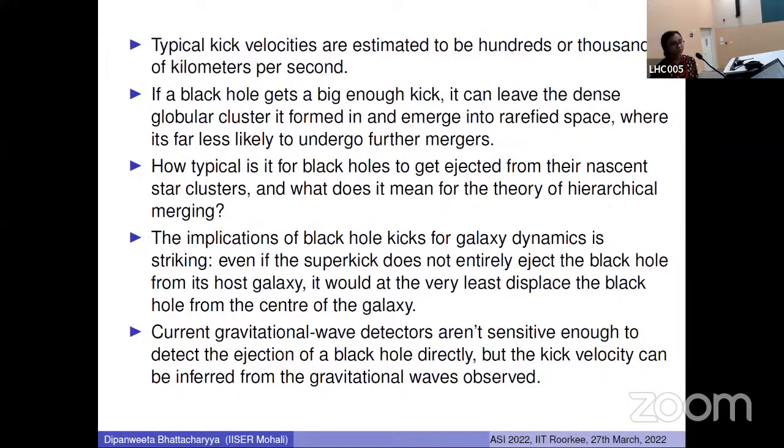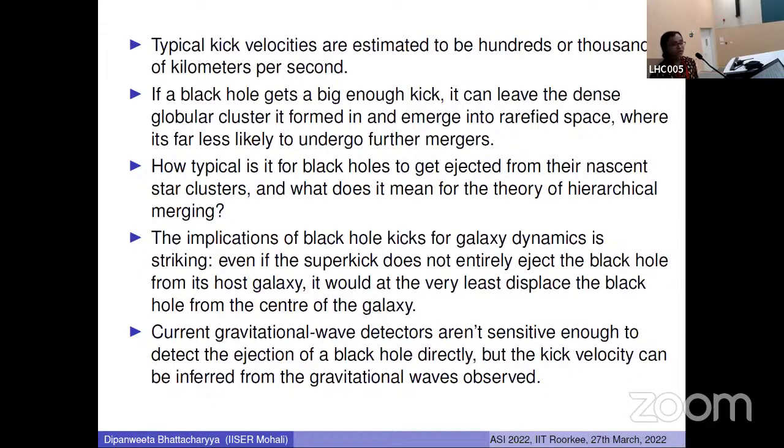Now, we know that for globular clusters, the escape velocity is quite low, almost around 50 kilometers per second, whereas for galaxies, it's quite high, around 1000 kilometers per second. So, if a black hole gets a big enough kick, it can leave the dense globular cluster where it formed and emerge into the rarefied space, where it is less likely to undergo any further merger process.